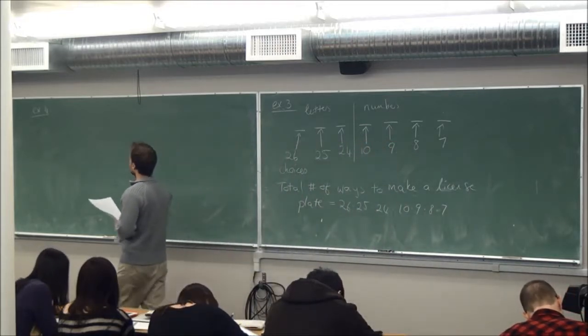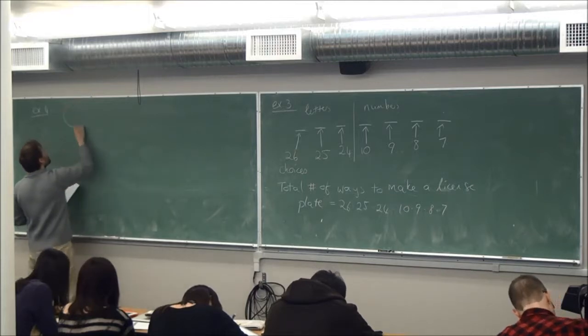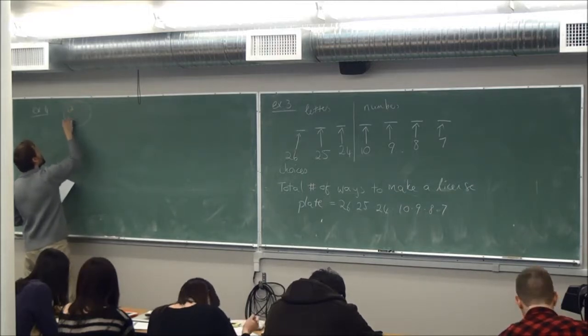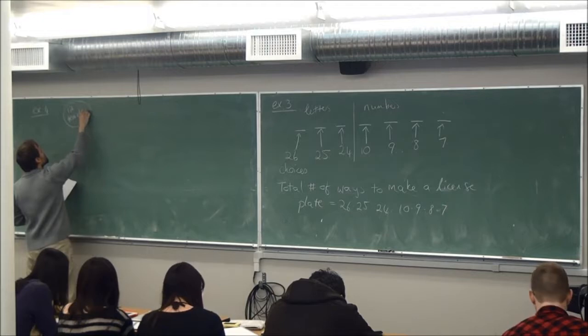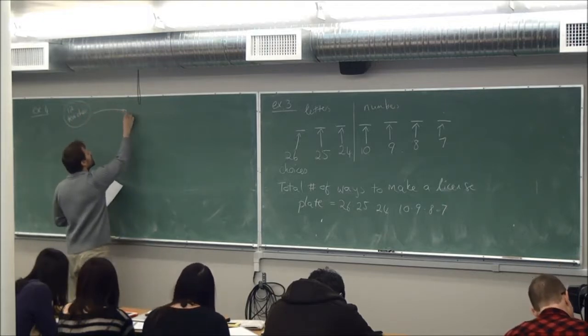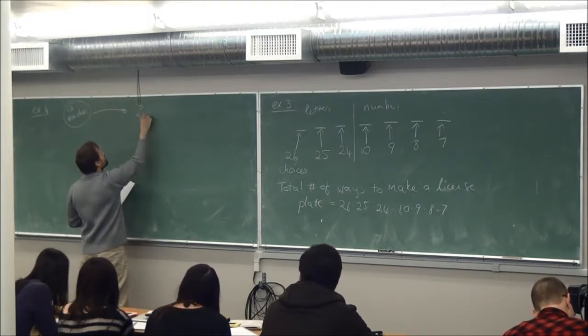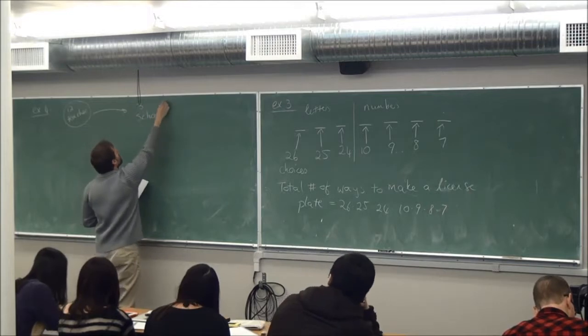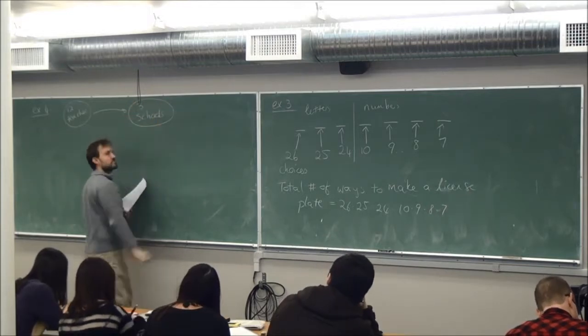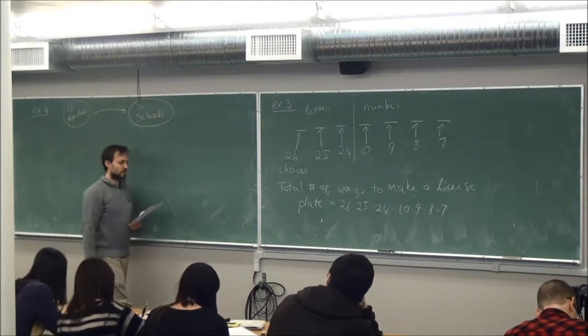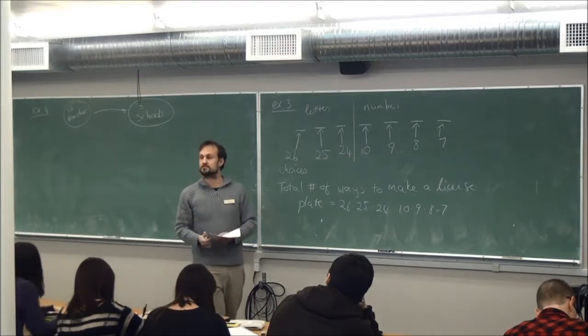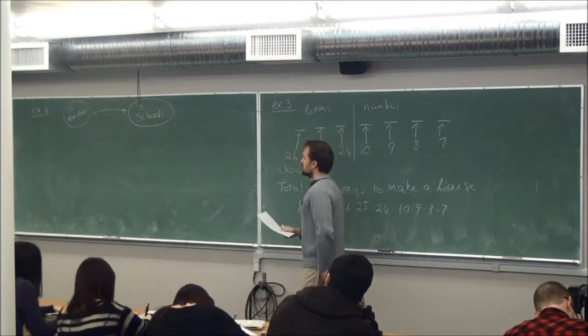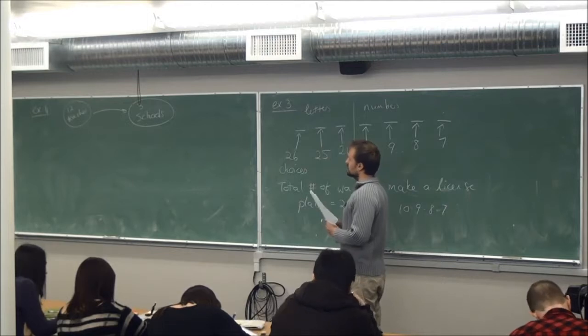So let me make a little diagram here. 12 teachers, and I want to assign them to 3 schools. So it's important to understand what it means when there's no other restriction.